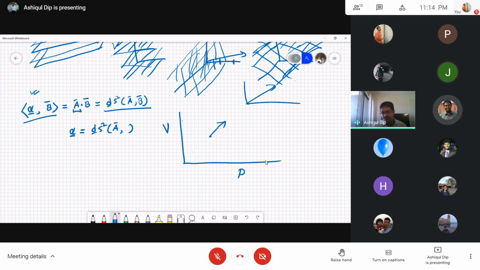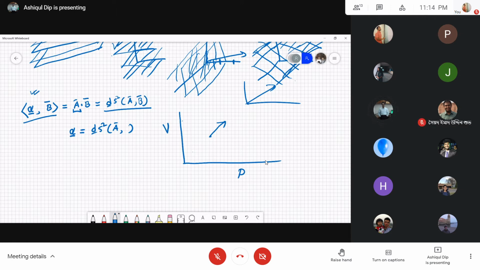It's not even defined. But it means something: this vector means you had an initial state like P naught V naught, then you went to another state like P1 V1. So this arrow means a change of state, and that's meaningful. So a vector is defined, obviously. We can define a vector between two points, but we cannot define the length of that vector.